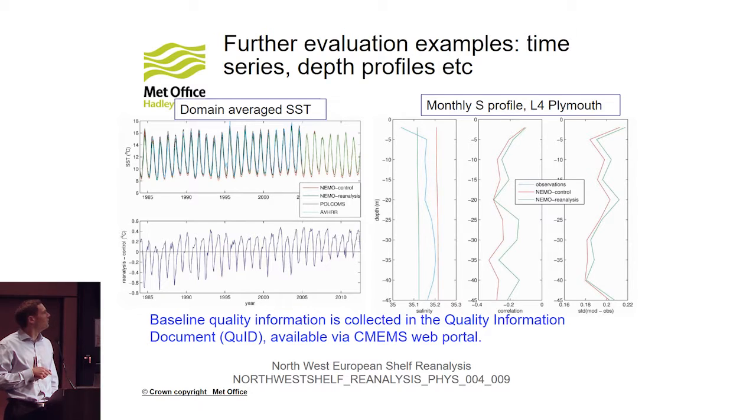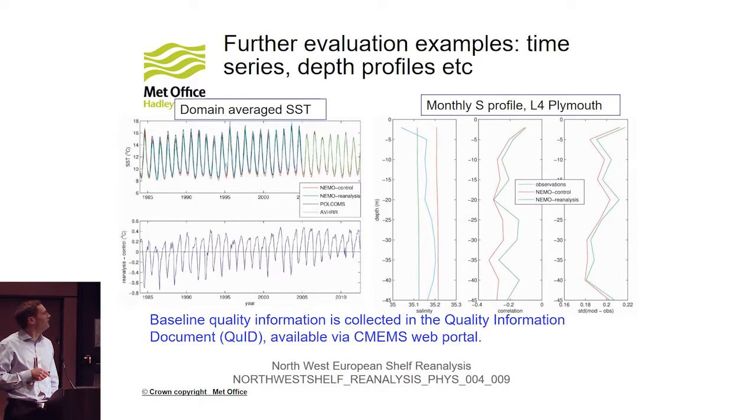And I think one thing to point out is that there are aspects where the model isn't looking particularly good. The control model without assimilation and the assimilative model here for a salinity profile, the same L4 buoy that I was talking about previously, you can see that in both cases they're far too mixed, and so you've basically just got uniform salinity over that profile compared to the observations, which obviously have more variability.